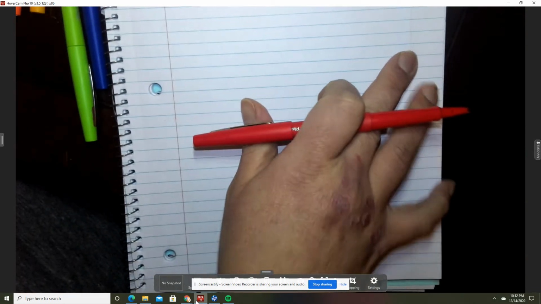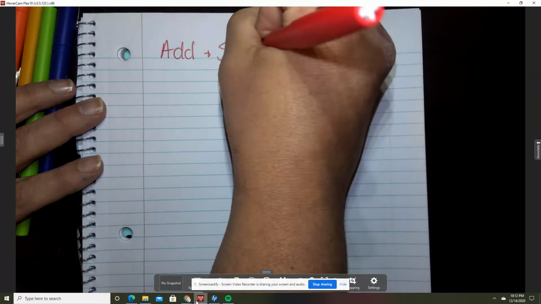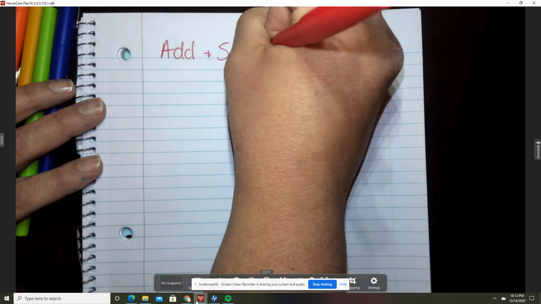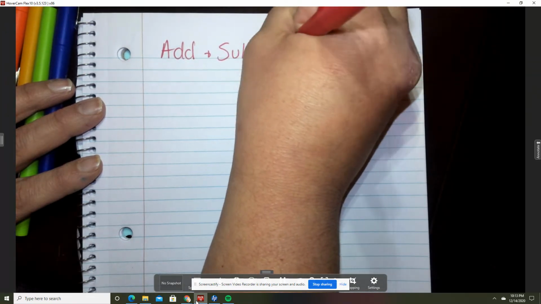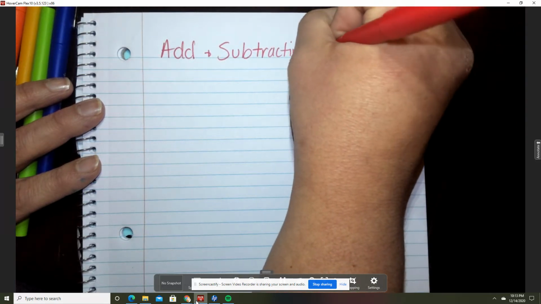Okay, so today we start our journey with adding and subtracting fractions with unlike denominators. This is not going to be horrible. We just have to remember the rules, and you have to make sure that you're using a multiplication chart if you need it.